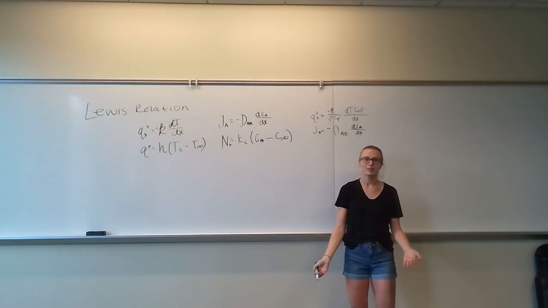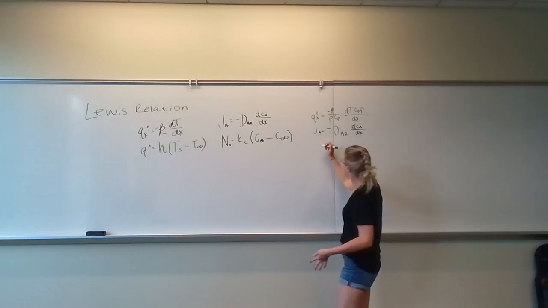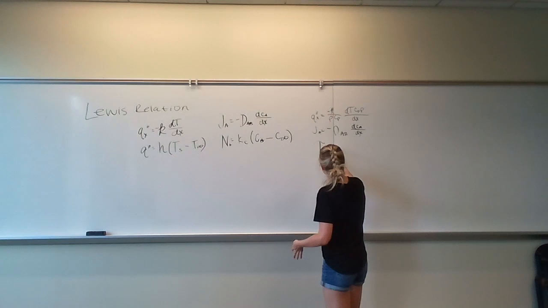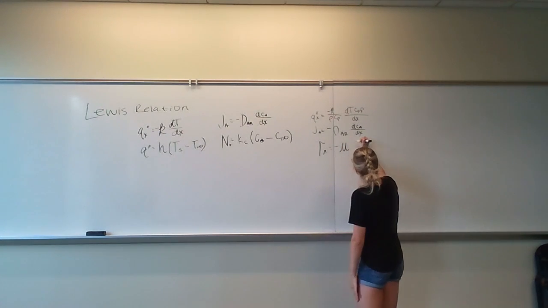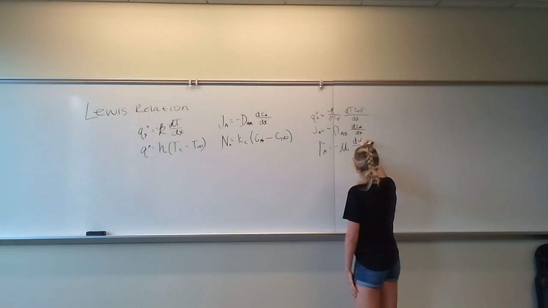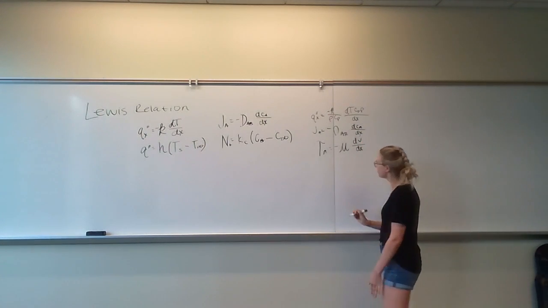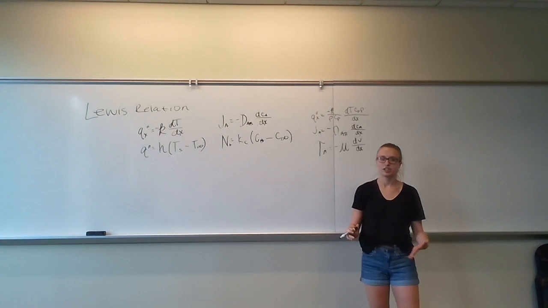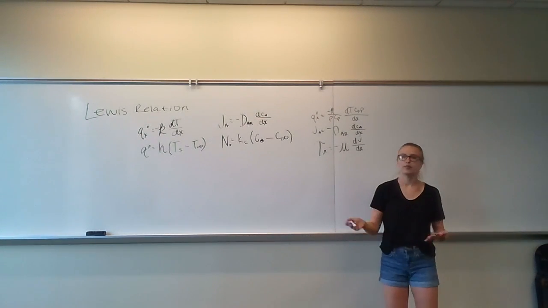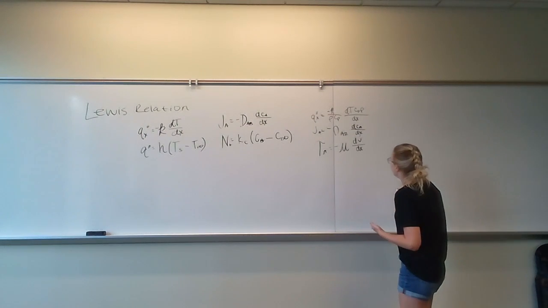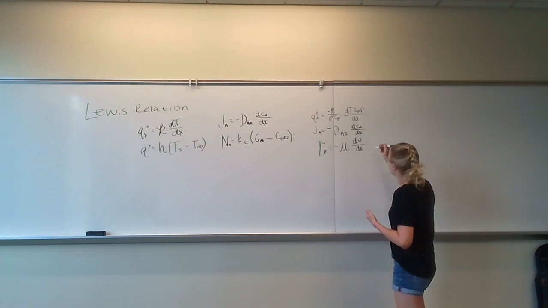And then we can also look at momentum, because it also relates to this equation. So we have momentum at a point is equal to the negative viscosity times the change in velocity with respect to position. And then we can get this in terms of momentum concentration when we divide this whole thing by the density.